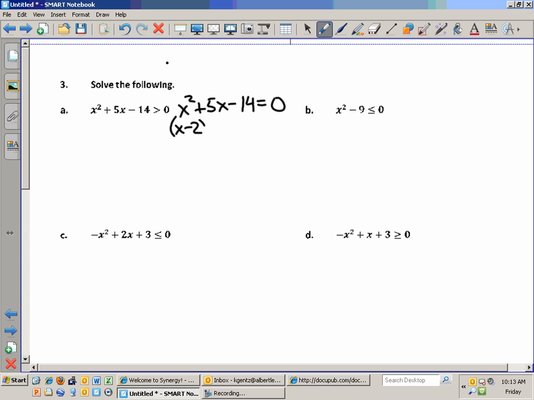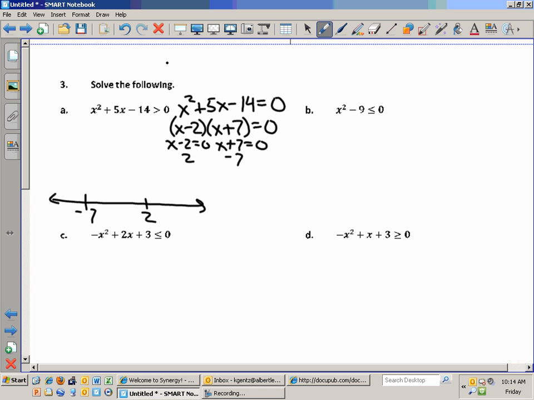x minus 2 and x plus 7 equals 0. So what are my 2 solutions? 2 and negative 7. So I plot those. Open or closed circles? Open. Now let's look at the original problem.